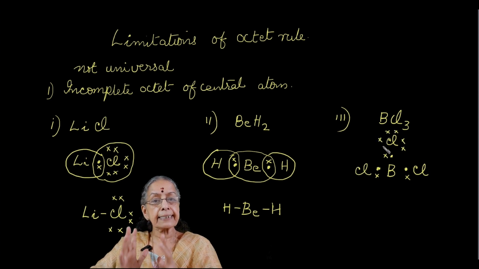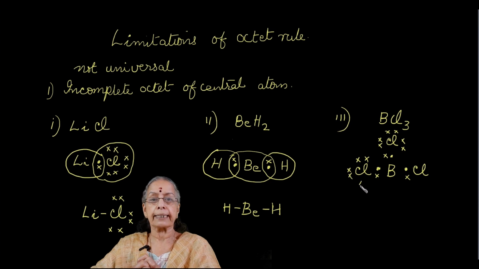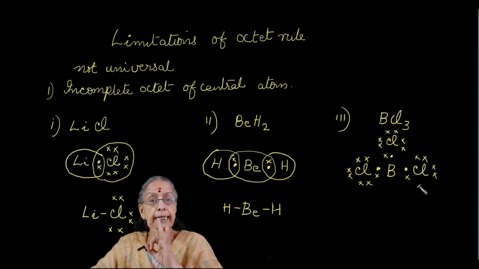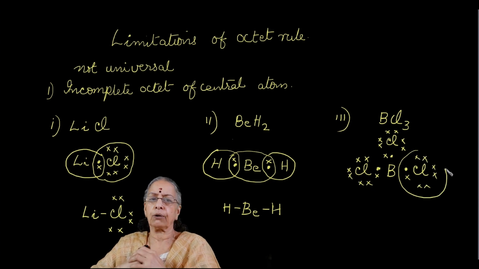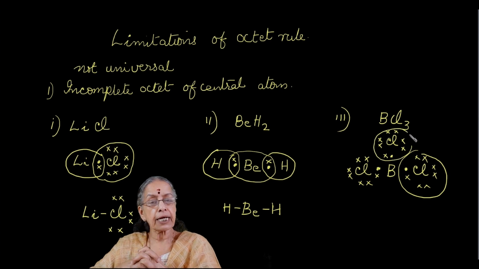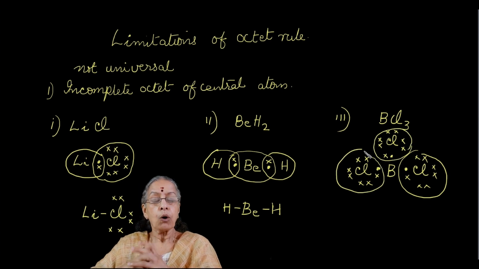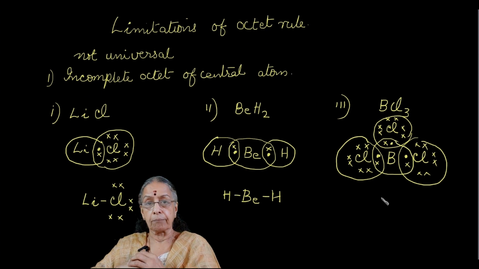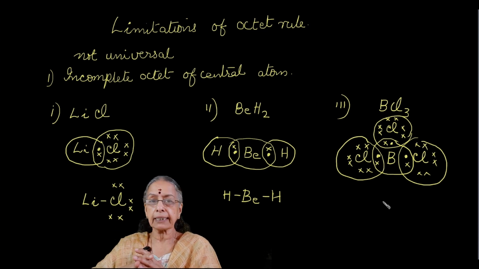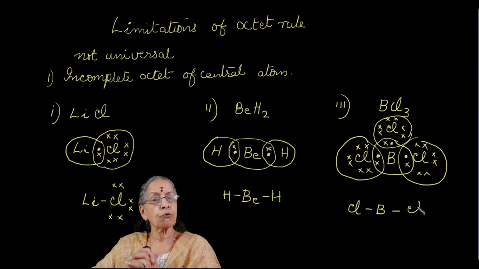The remaining 6 electrons in each chlorine atom will form 3 lone pairs for each chlorine atom. The valence shell of each chlorine atom overlaps the valence shell of boron atom, which is the central atom. There are only 6 electrons there. Octet is not completed. Now let us draw the electron dot diagram for boron trichloride.